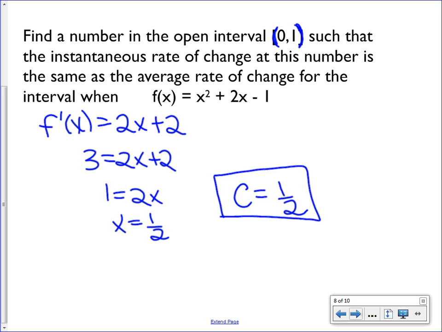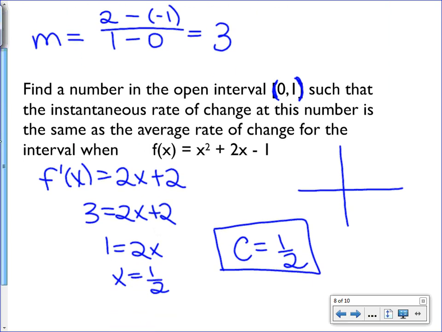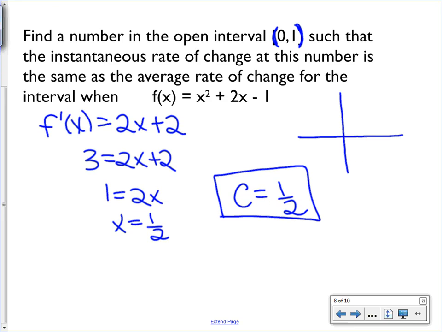Right? So what does this look like graphically? Okay, we have, what were our coordinates again? 0, 1?